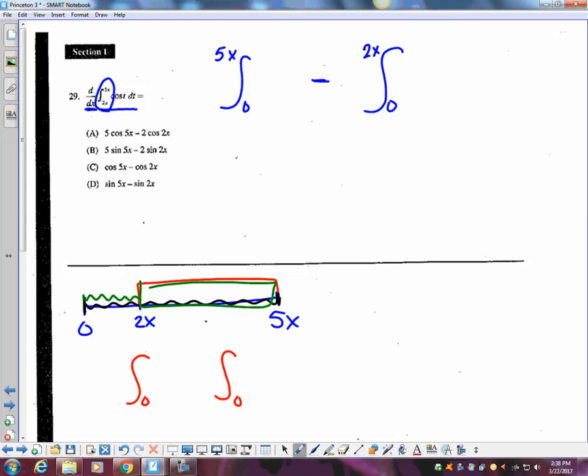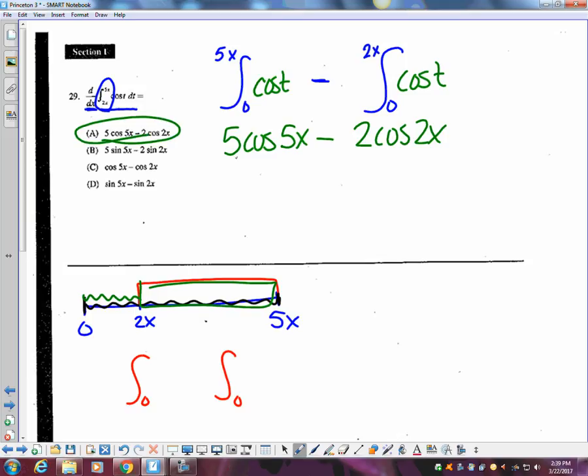And now both those start with 0, and that makes me happy. So now I plug my 5x in, and I take the derivative, so 5 cosine 5x minus 2 cosine 2x, done. Okay, 44.